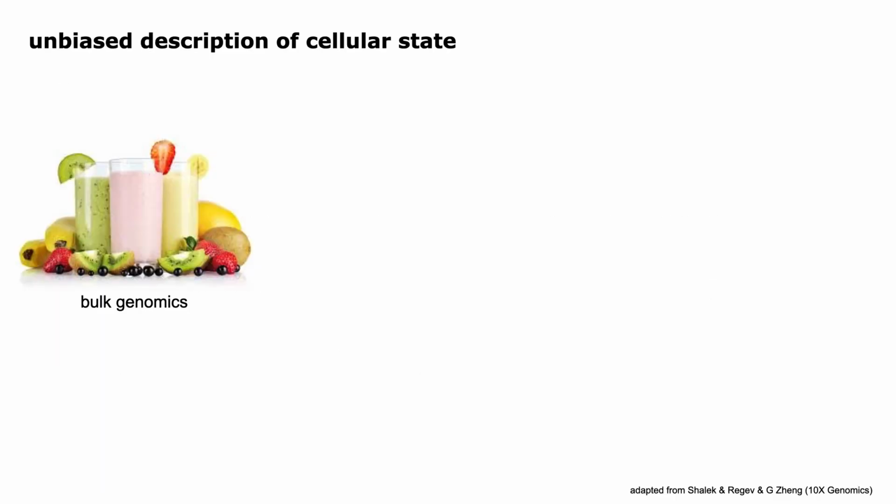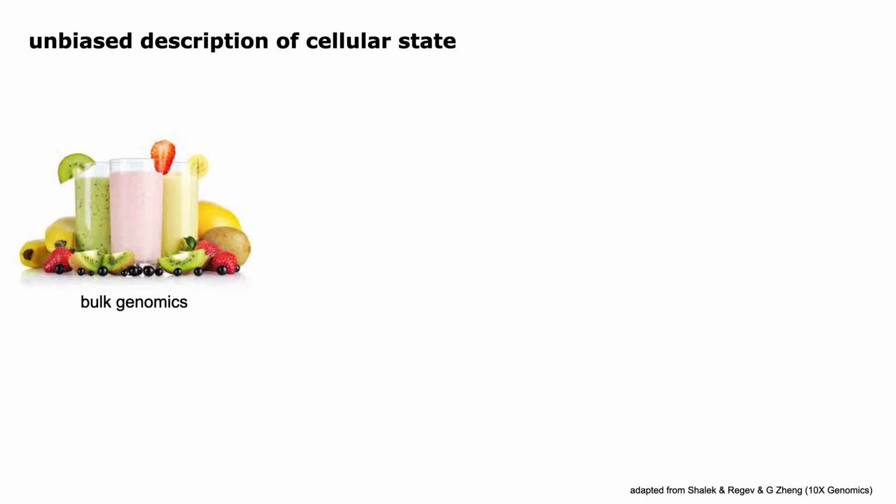Okay, so once upon a time we had bulk genomics. Well, we still have bulk genomics, but when you think of bulk data, it's always like making a smoothie. You have many different cell types in your body, and they have different compositions. This is like taking different fruits and then you mesh them up.